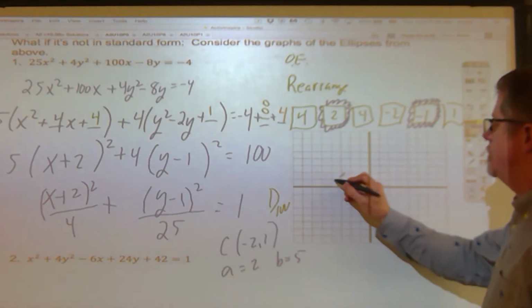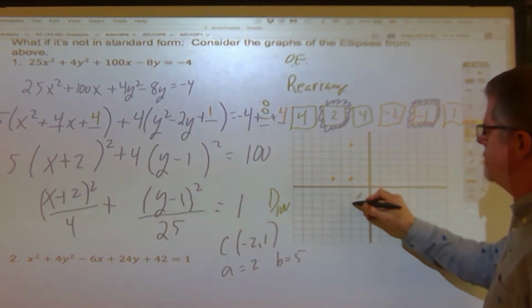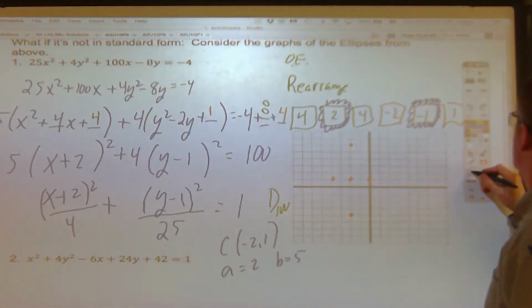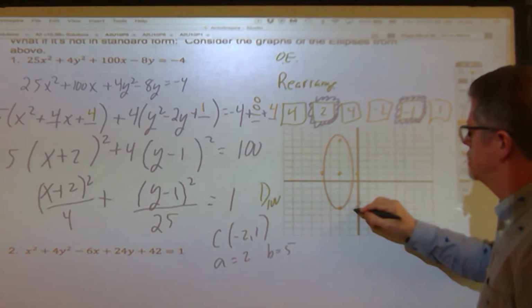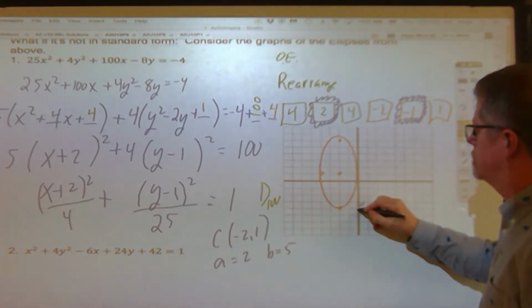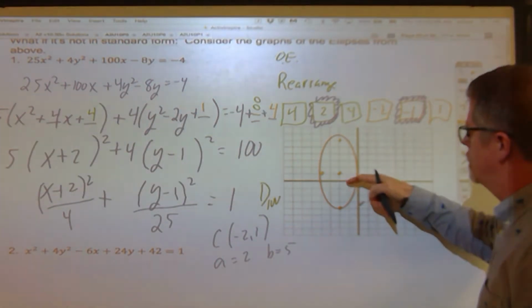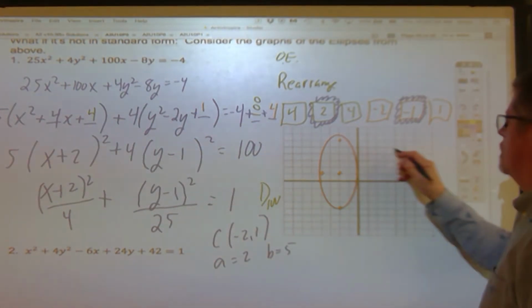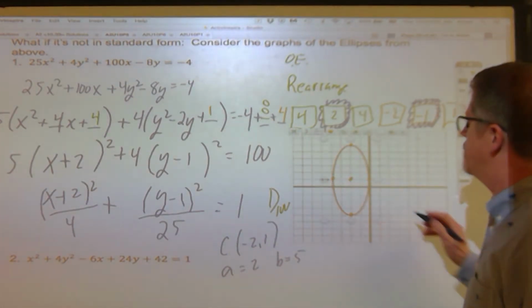A is equal to 2, B is equal to 5. Yeah, so I guess it's not exactly drawn to scale, but there it is.